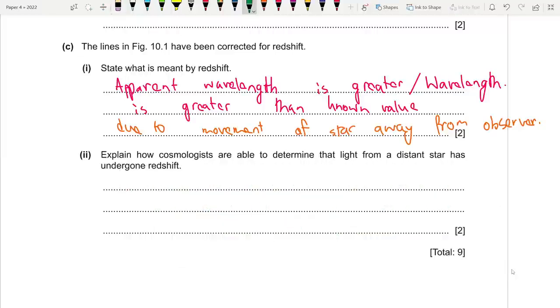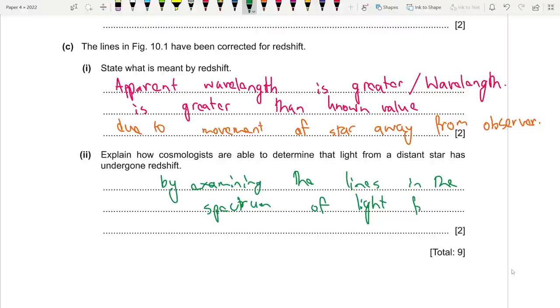They wrote by examining the lines in the spectrum of light from the star and comparing with known spectrum.